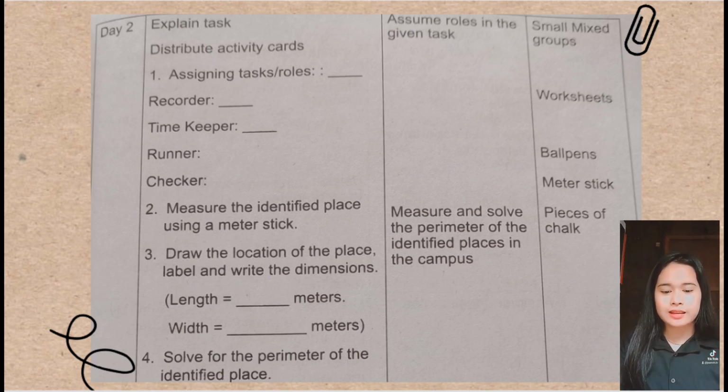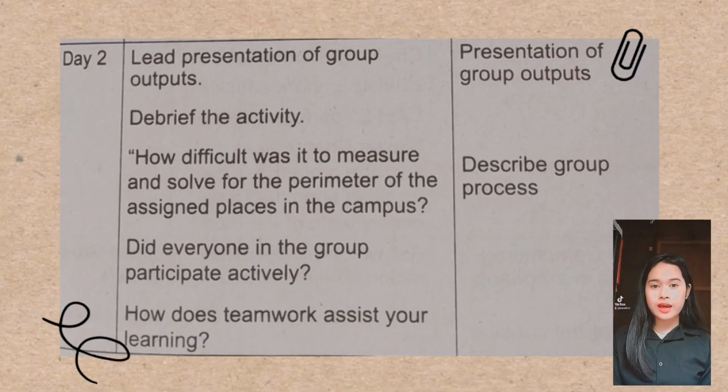The techniques or materials used are small mixed groups, worksheets, ball pens, meter stick, and pieces of chalk. And for day 3, the teacher's activities are lead presentation of group outputs and debrief the activity.